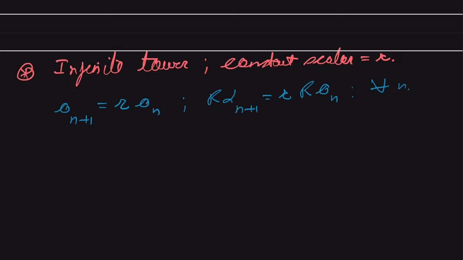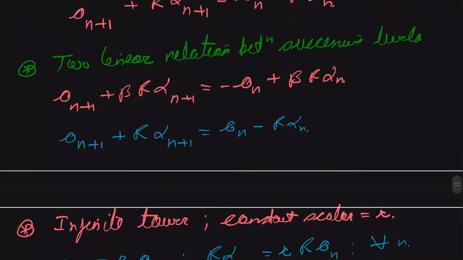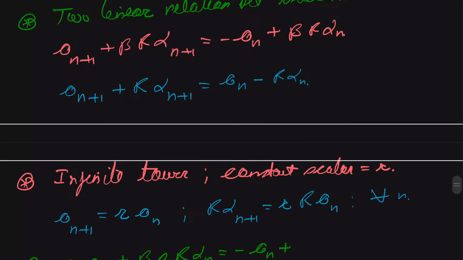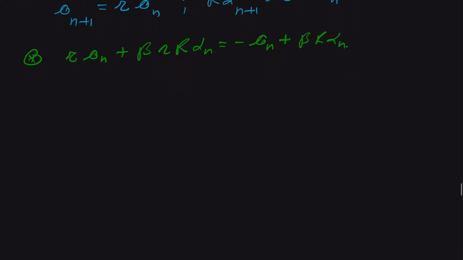And therefore we can write the equations. So we can say that r a of n plus beta small r capital R alpha of n will be equal to minus a of n plus beta r alpha of n, and we can just combine the like terms.